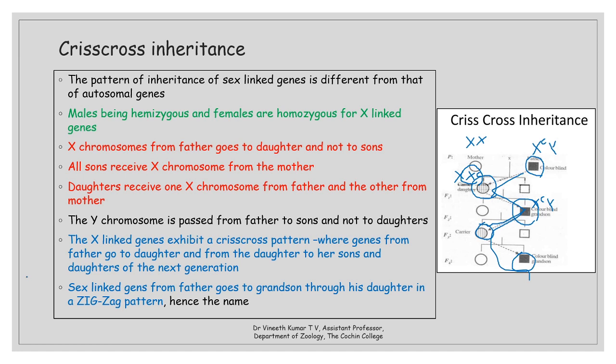If you take two parents like this, with an affected mother (XcXc) and a normal father, the females definitely will be carriers because they receive one X chromosome from the father, and all males will be affected because they receive the X chromosome only from the mother.